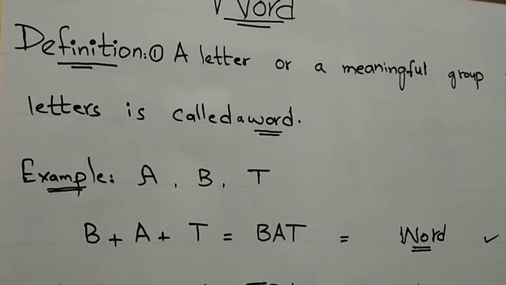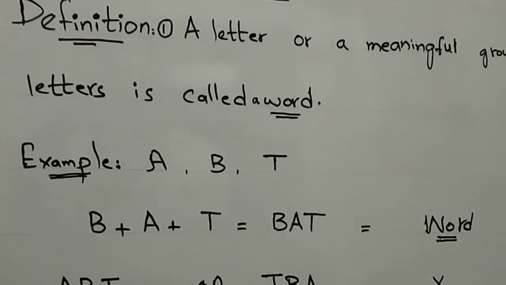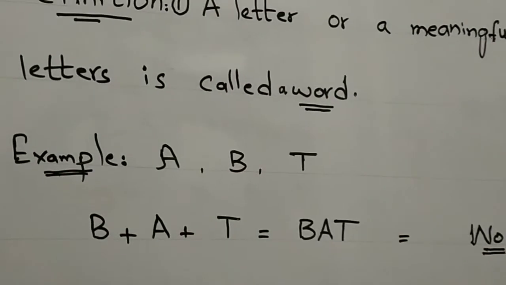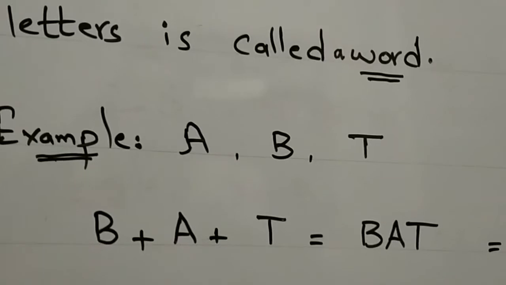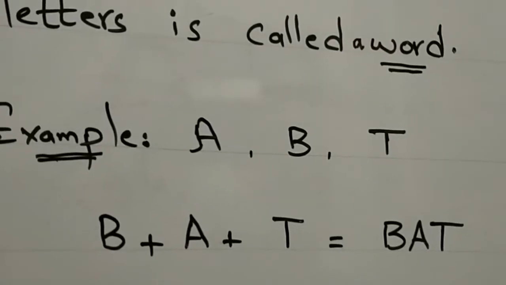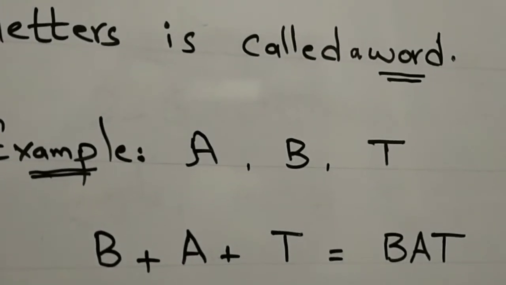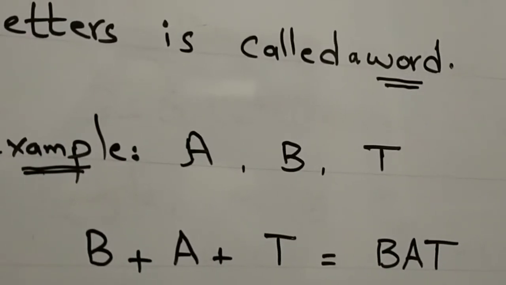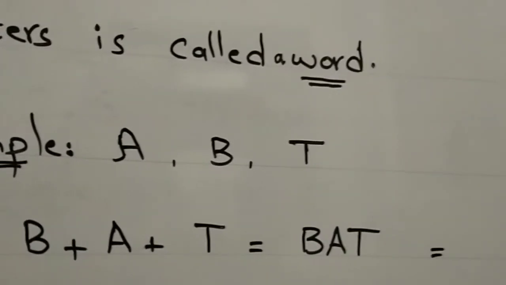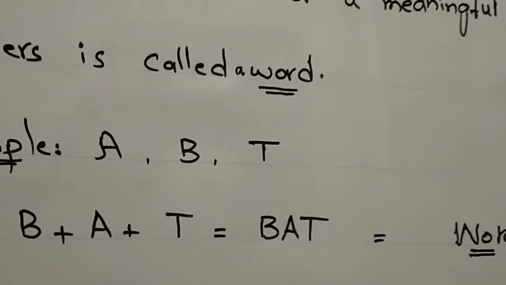Let's take an example. A, B and T are three letters. When we arrange them in a meaningful manner, B plus A plus T, it becomes bat. That forms a word.